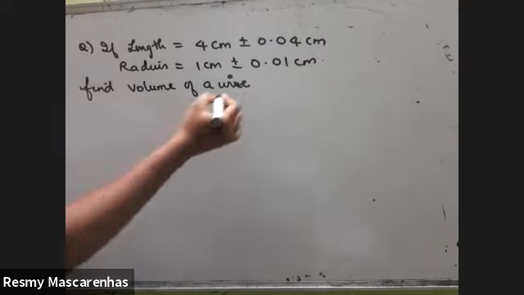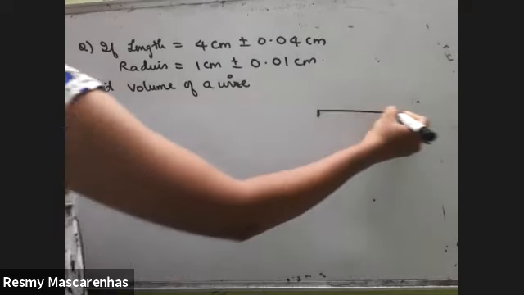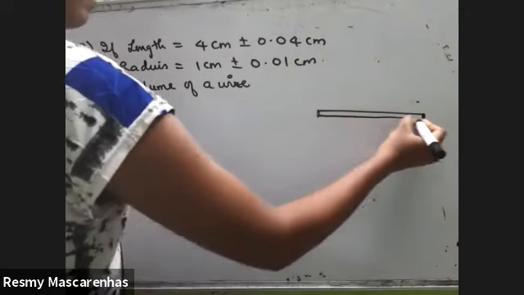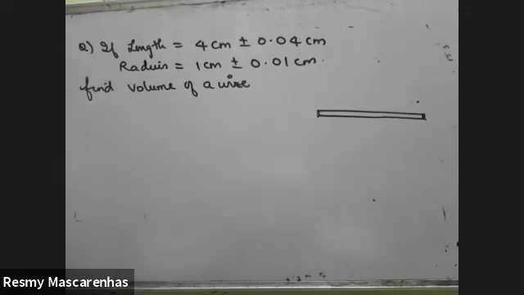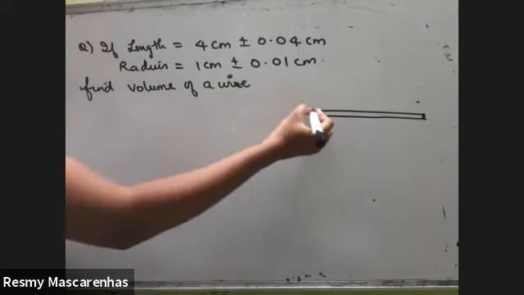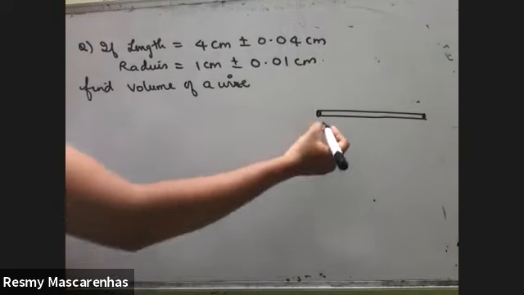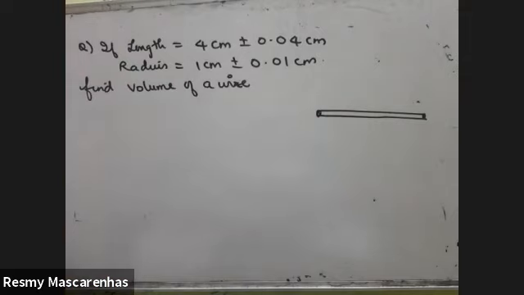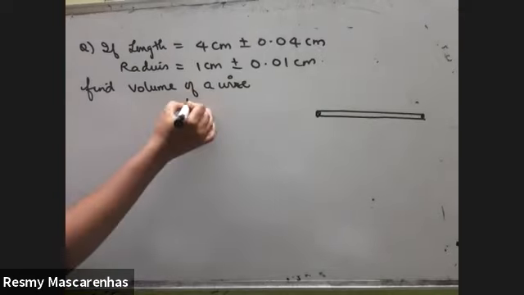The volume of a wire would always be in the form of a cylinder. It's like a long cylinder. Basically, we have to find the volume of a cylinder.